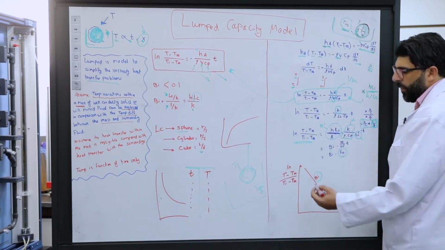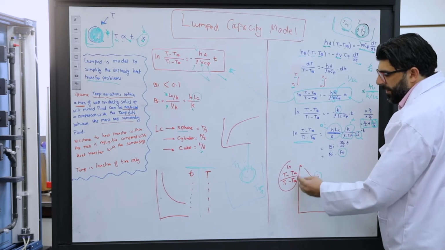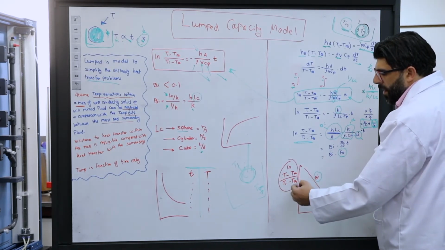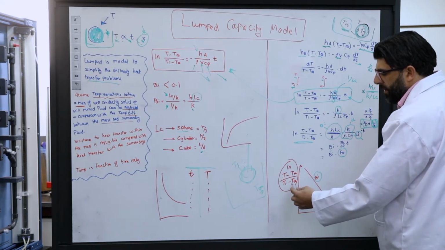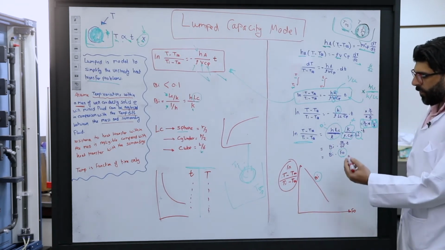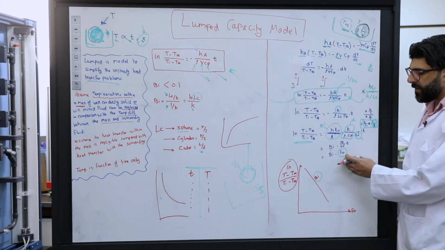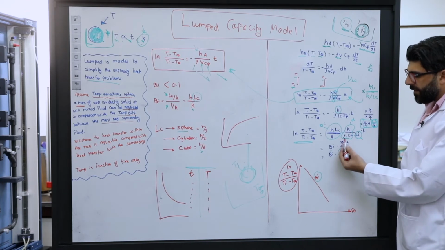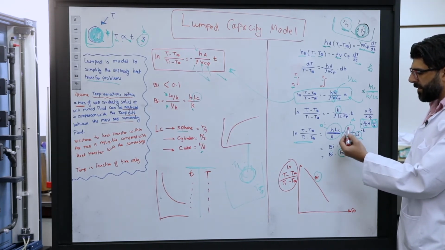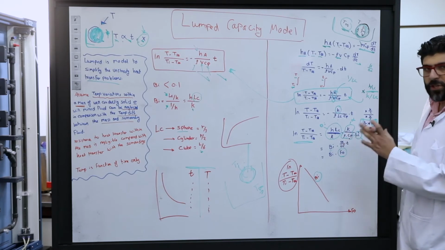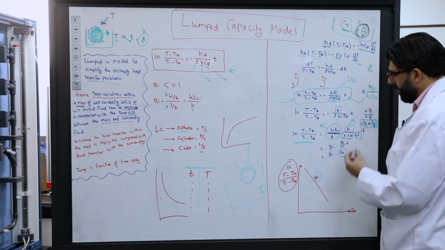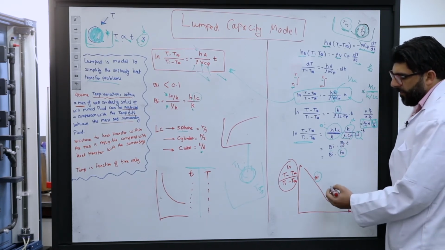And when we plot ln of (T minus T infinity) over (Ti minus T infinity), again it's against the Fourier number. The Fourier number depends on the properties of the shape. So for the sphere you can find the rho and the Cp, all these properties for the shape itself, times time. So we can find the Biot number.